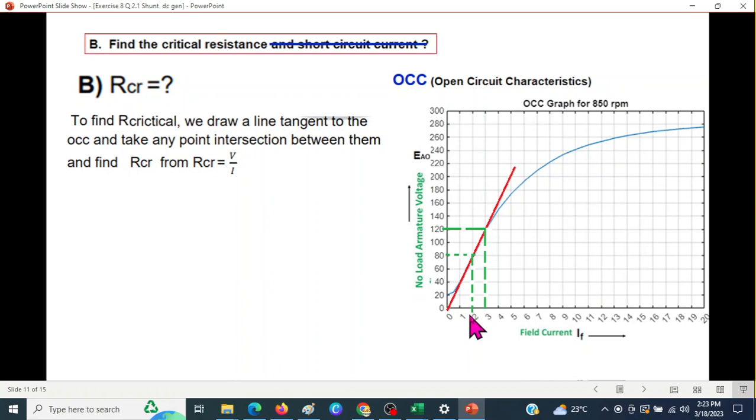For example, we can take this IF1 and find EAO, or we can take 2 and find EAO, or you can take 3. So let's see. RCR then will be, if we are taking 2, the voltage divided by current, V divided by I, so 80 divided by 2 is 40, which is the critical resistance.